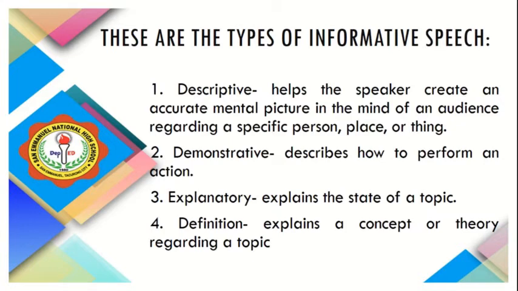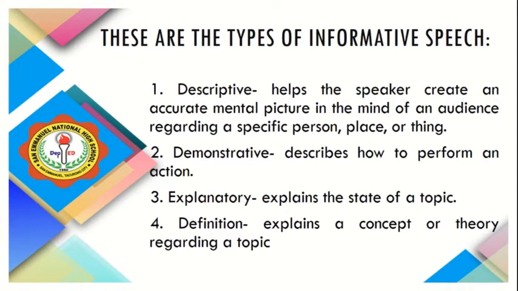First is descriptive. So what is descriptive informative speech? It helps the speaker create an accurate mental picture in the mind of an audience regarding a specific person, place, or thing. The second one is demonstrative, which describes how to perform an action.